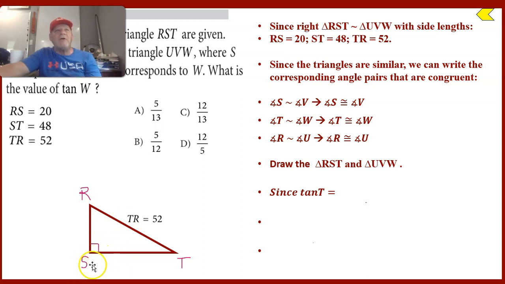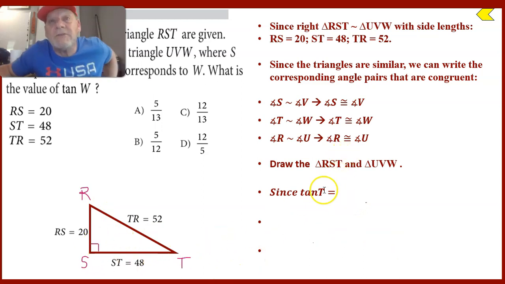How do we know this is angle S? Well, we know this is TR or RT, and we know the shortest side is going to be 20, so that's RS, and we know that the longer leg is ST, so there's ST, RS, and RT. And you could just use those lengths to recreate and see that angle S is the right angle.